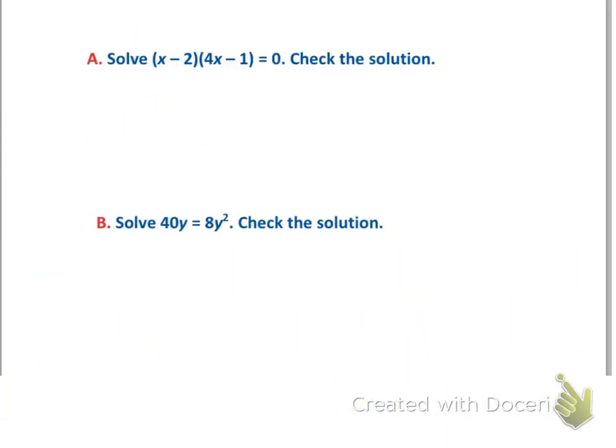Alright, so we're going to solve an equation first using this zero product property idea. And then we're going to look at an equation similar to what we had in the warm-up. Okay, so looking at letter A first, I essentially have a number times a number equals 0. So that's the zero product property. I have something times something is equal to 0.